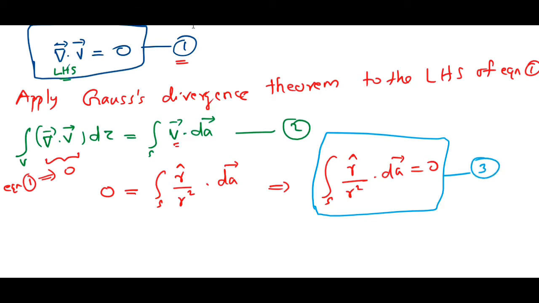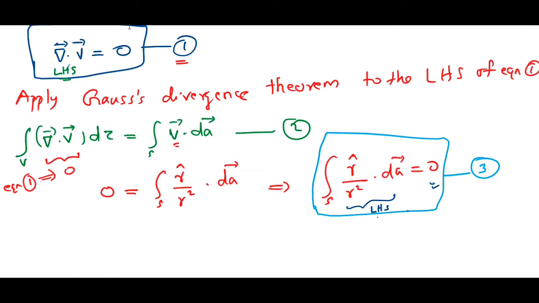Now let me check whether this equation is correct or not. If this equation is correct, then when I evaluate its LHS and get 0, I can say 0 is equal to 0 and the equation is exactly correct.